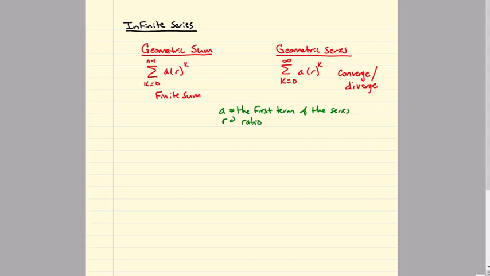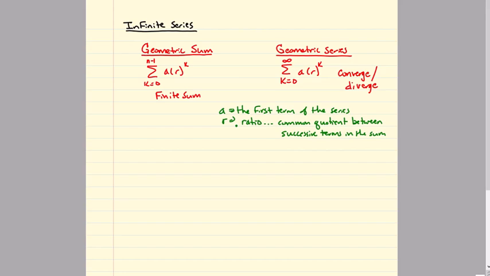If we look at this, it's the common quotient between successive terms in the sum. The a and the r are the same whether you're looking at a geometric sum or a geometric series.